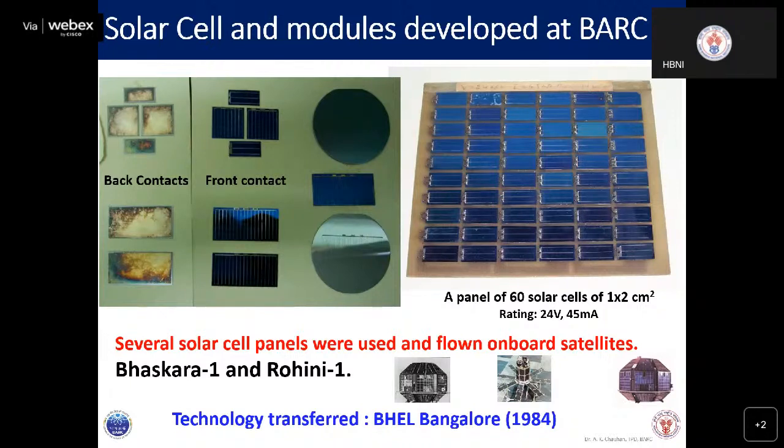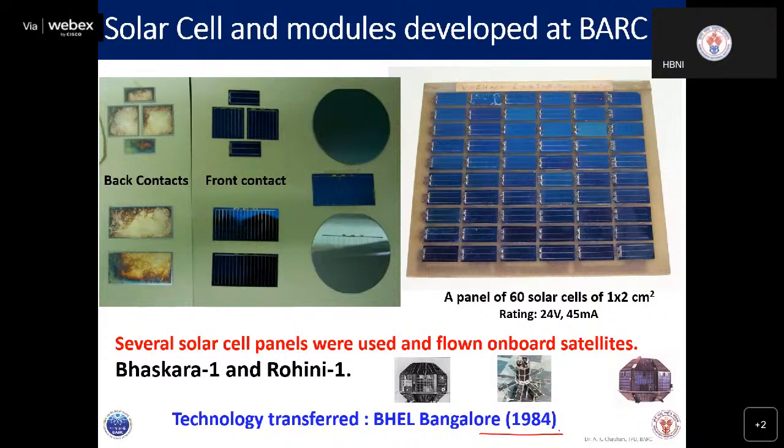The photographs of these solar cells are from last year, or the year before. These solar cells were used in different satellites, Bhaskar, Rohini, etc.